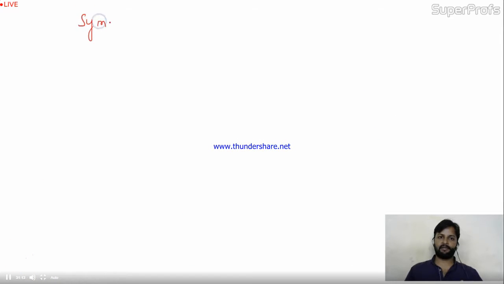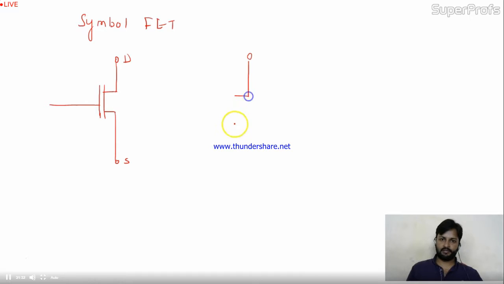Here we'll see the symbol of FET. The symbol of FET is given like this: this is drain, this is source. For the N channel, the arrow will go inside, and for the P channel, the arrow will come outside.